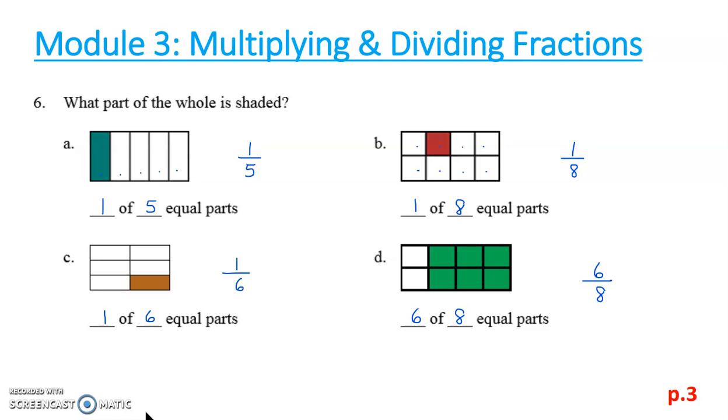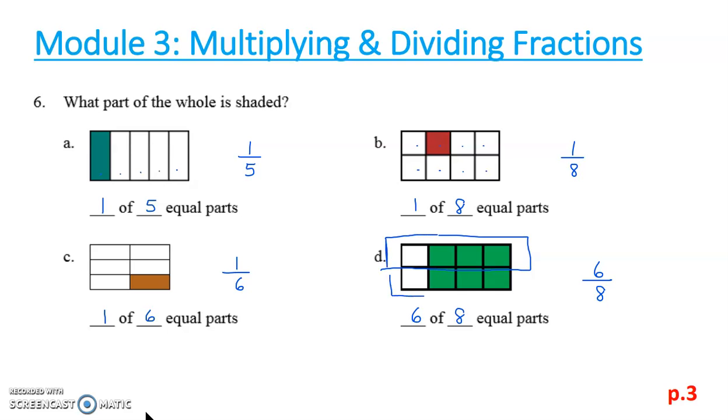But if you cut this in half and you looked at it in terms of what you had at the top row and what you had at the bottom row, you would see in the top row you have 3 out of 4, and the bottom row you have 3 out of 4. So 6 out of 8 is also equal to 3 over 4. Now you don't need to have that answer for D, but it's something to show you.